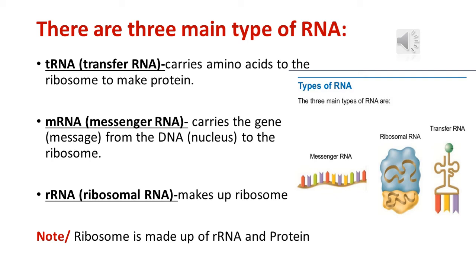Ribosomal RNA makes up the ribosome. Ribosome is made up of ribosomal RNA and protein. Ribosomal RNA is a component of the ribosome. Ribosome has two components, ribosomal RNA and protein.